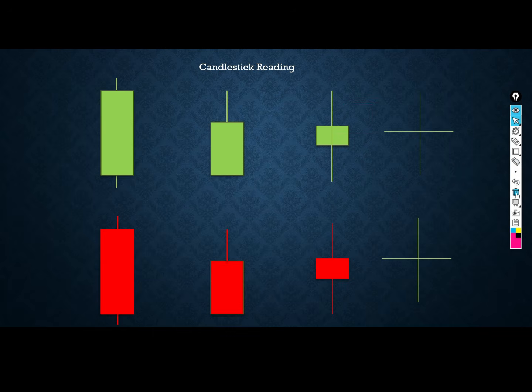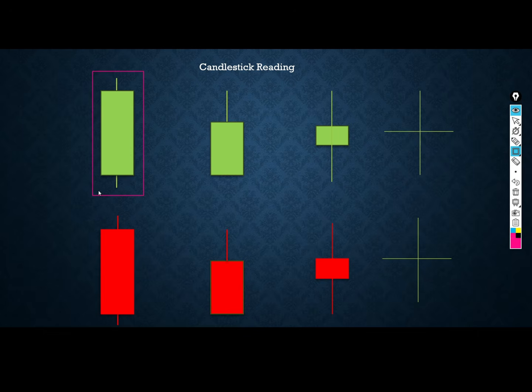Now, understanding the story and strength of each candle. Green candle belongs to buyers, or bullish; red candle belongs to sellers, or bearish. Now, we'll talk about this bullish candle. A large bullish candle with very small upper and lower wicks.